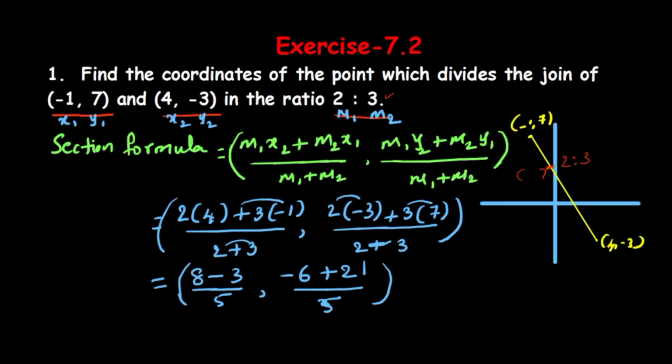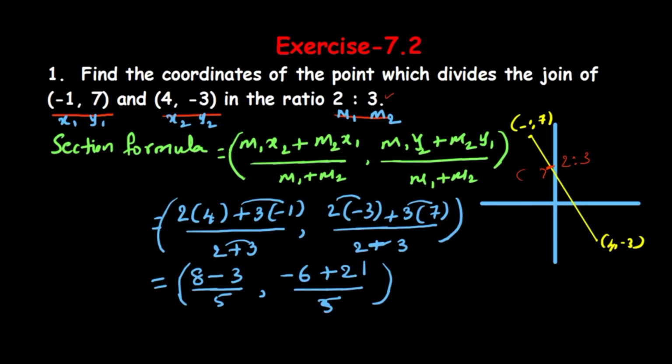So what is 8 minus 3? It is 5 divided by 5. And -6 plus 21, so 21 minus 6 we get 15 divided by 5. So we can cancel: 5 ones and 5 3s. So then we get (1, 3) as the point.